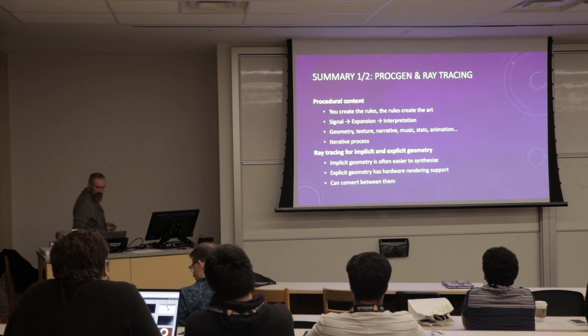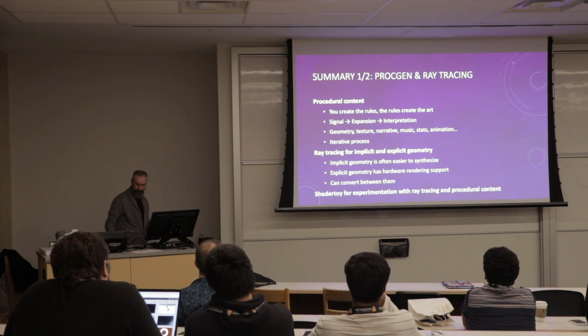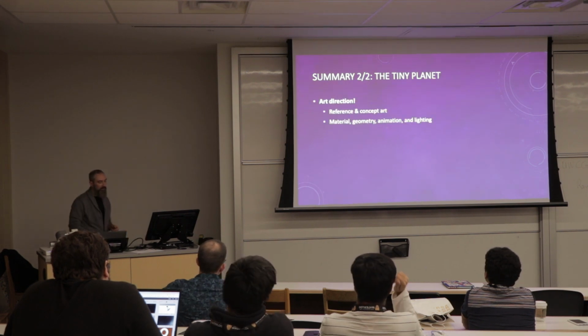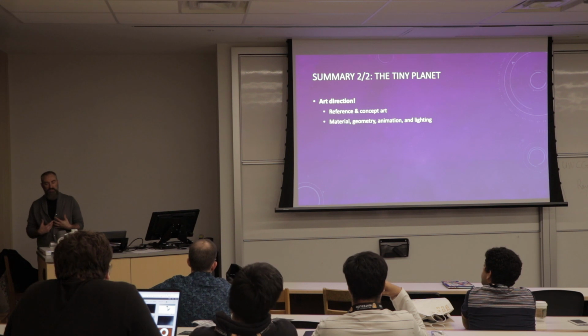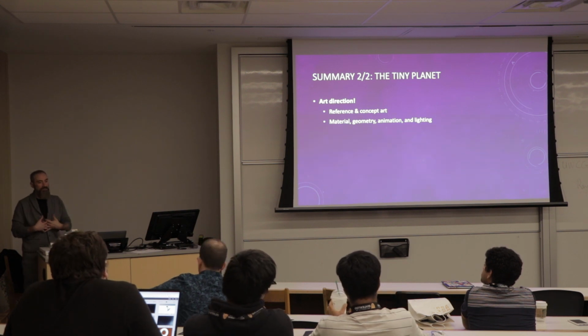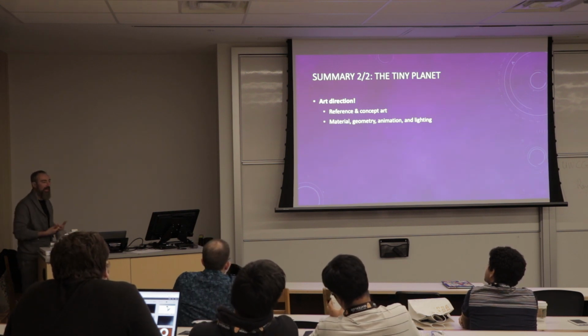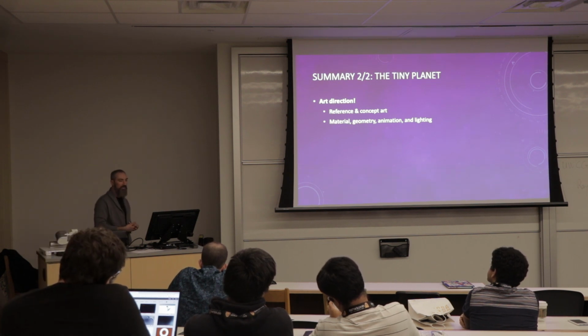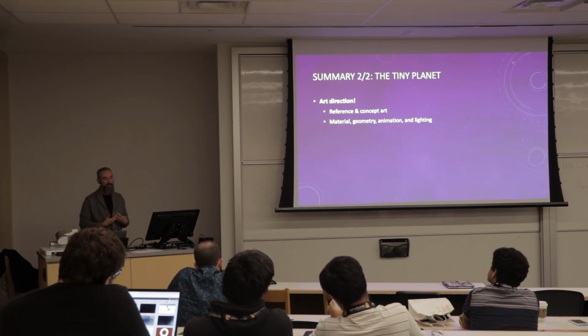And we talked a little bit about different ways of ray tracing. But then when I actually made the planet, I think the most important step was the art direction step. It was really looking at examples that were hand-created by artists and trying to understand and mathematically abstract what they were doing.